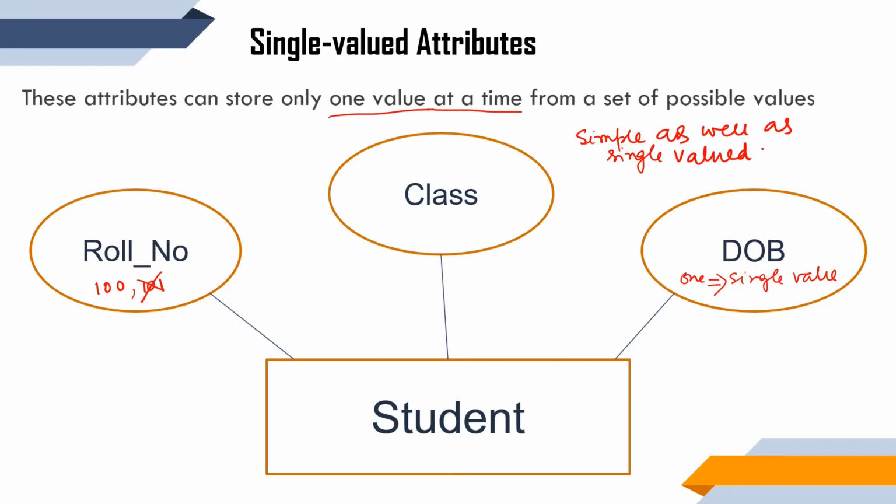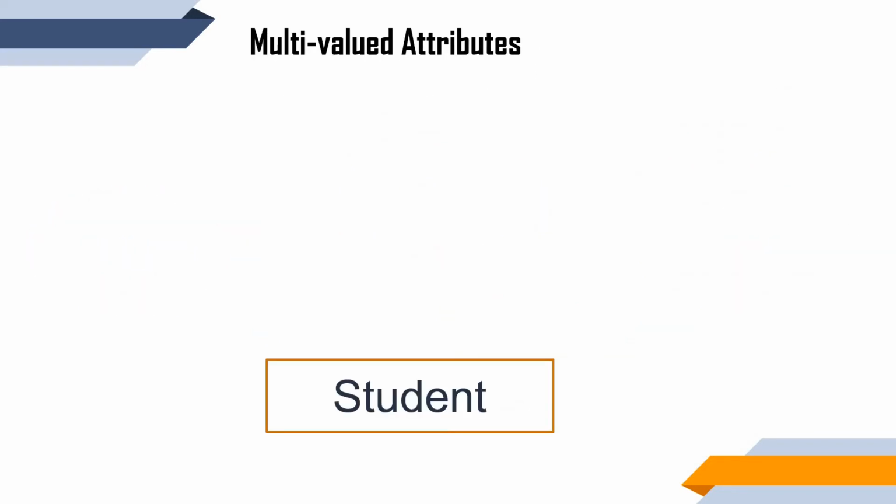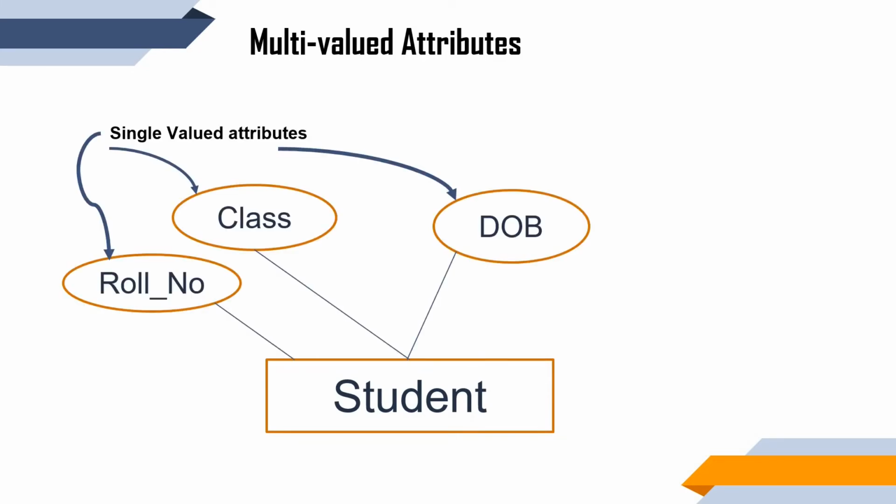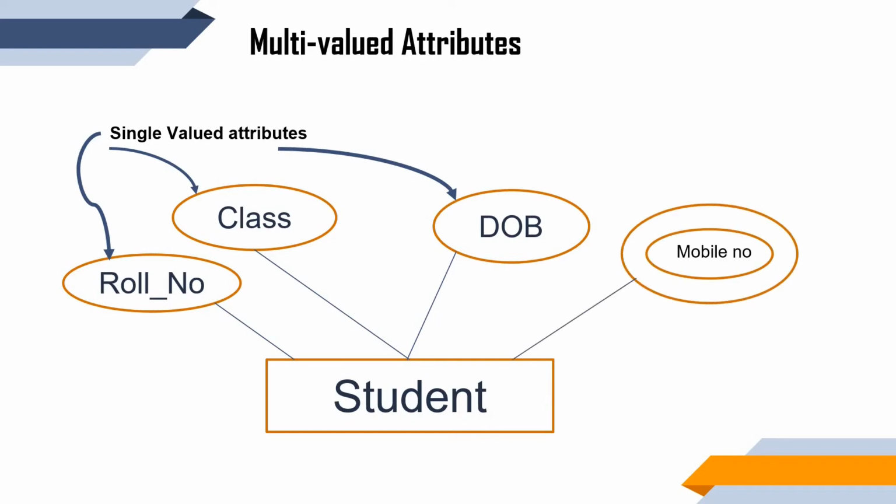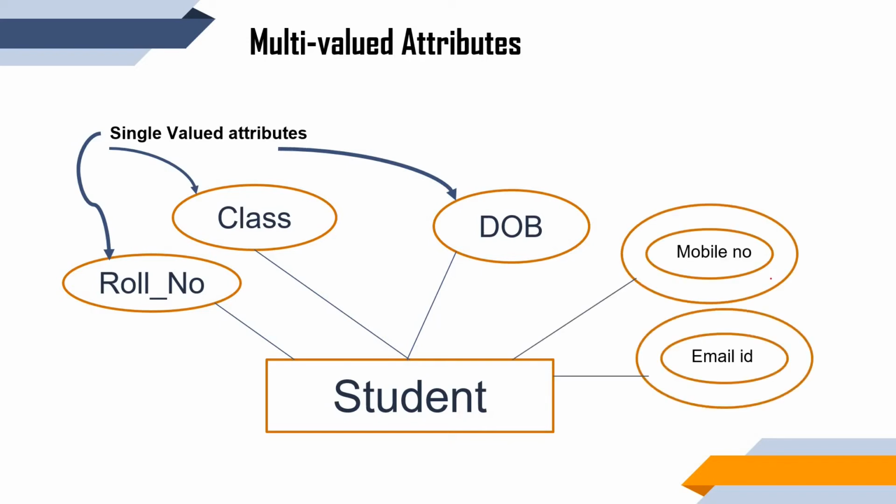Then what is a multi-valued attribute? Take the same example. Now look at these two attributes, mobile number and email ID, that we have added to the student entity. If you think minutely, you will understand that each student can provide more than one email ID as well as more than one mobile number. So for a single student, more than one value is possible for mobile number and email ID.